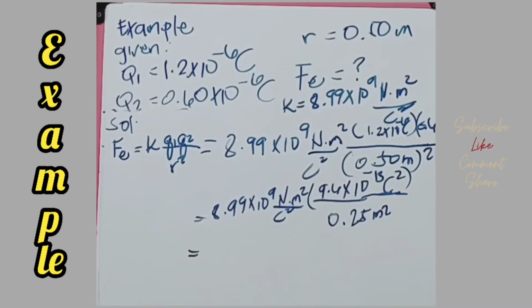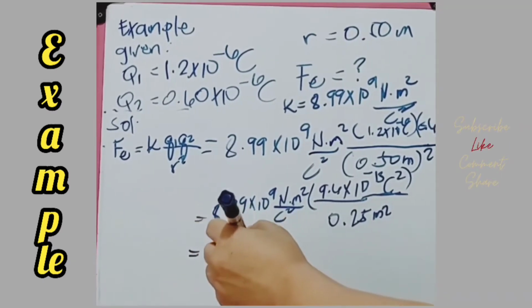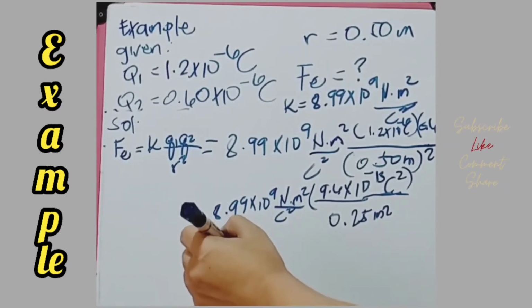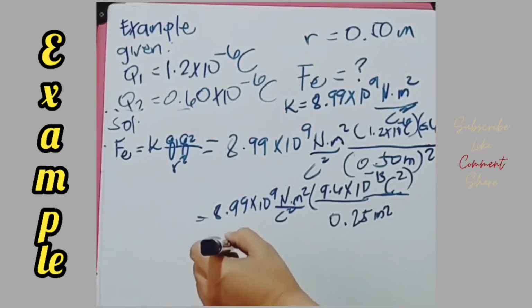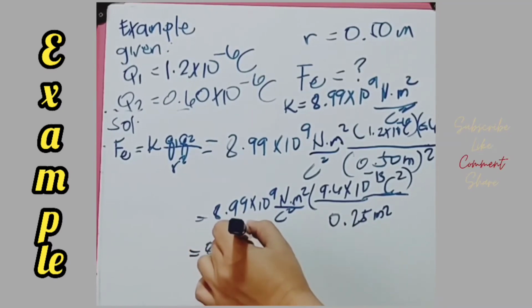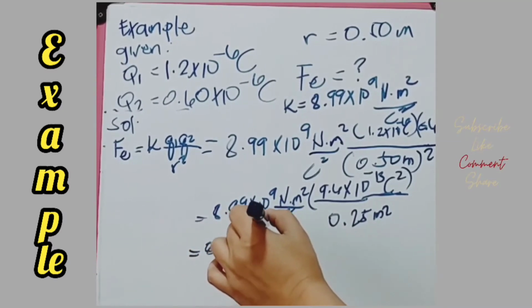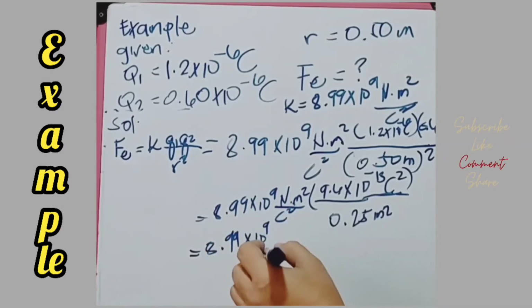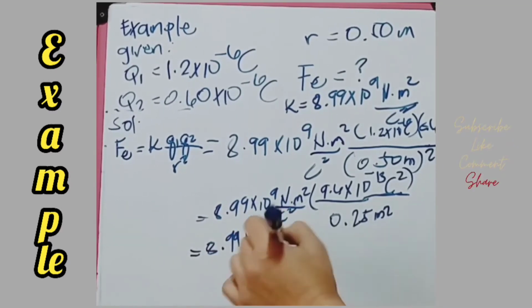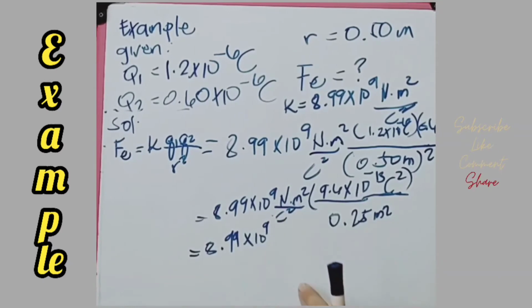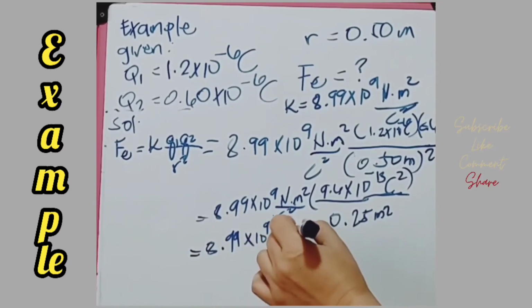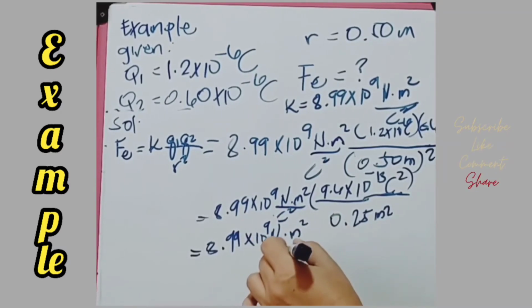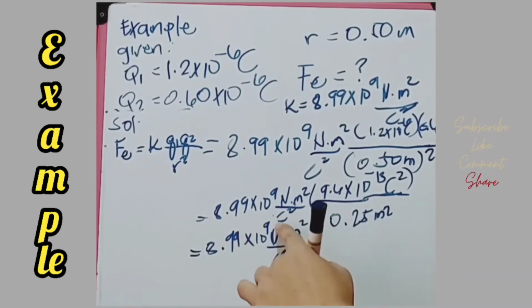Equals, bring down 8.99 times 10 raised to the power of 9. The unit measure, don't forget to indicate the unit measure. Newton meter squared per C squared. So this is Newton.